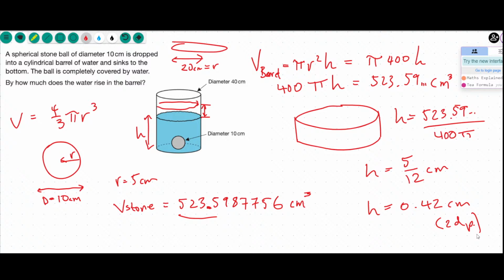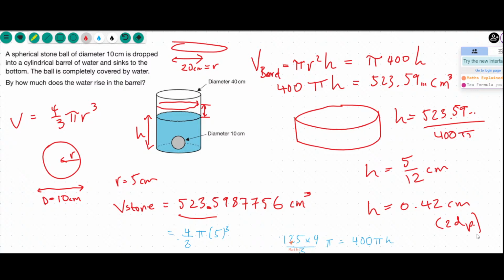So you can just do fractions all the way to end up with this. So if you leave this volume as 4/3 pi times 5 cubed, then you end up with the equation 125 times 4 over 3, that's 500 over 3 pi, equals 400 pi h, and then everything cancels.